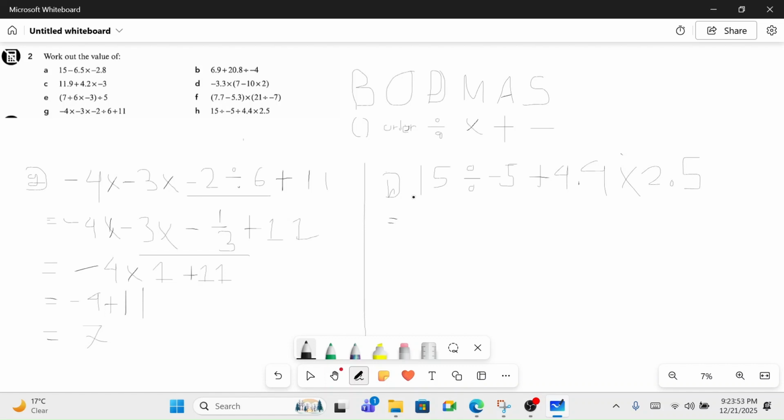Now of course we have to work with this first, so 15 divided by minus 5 will give us an answer of minus 3, so minus 3 plus 4.4 times 2.5. We'll be working with only this range, so 4.4 times 2.5 should give us an answer of, let me write it down in my notebook.